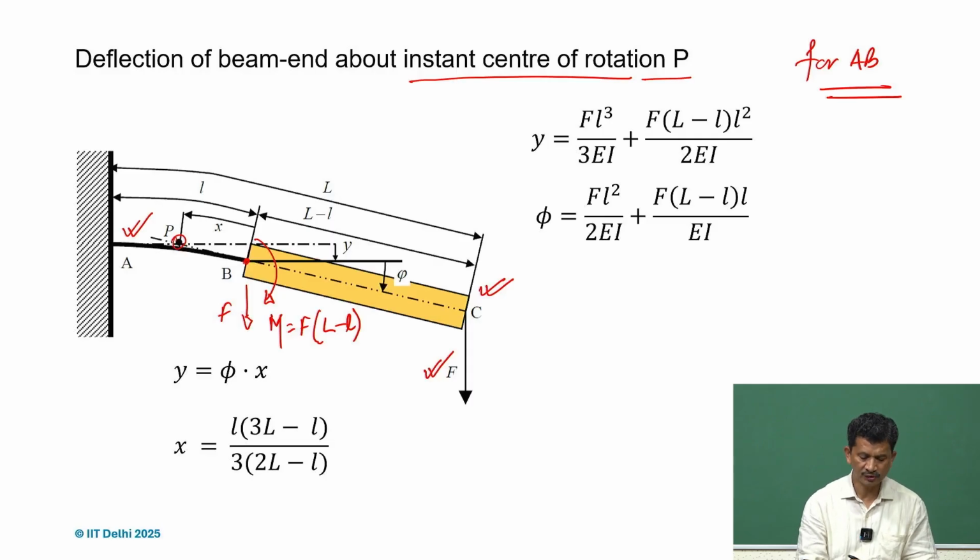If we substitute what we derived earlier, this is the moment part. One is because of the force, the other is because of the moment, and similarly we get y and phi. Phi is the angular rotation and y is the deflection at point B.